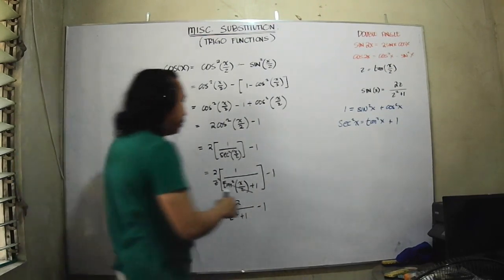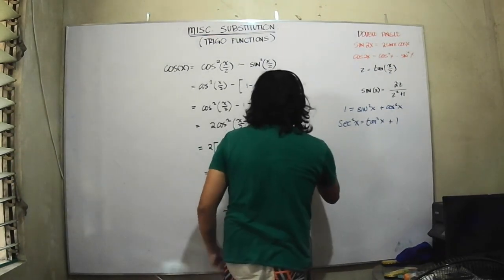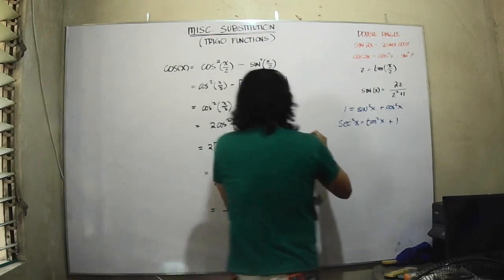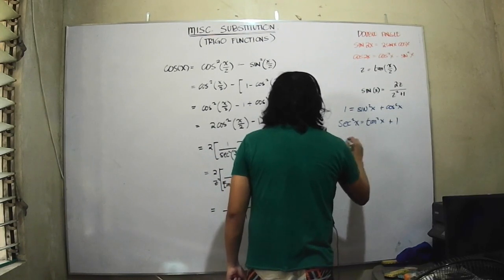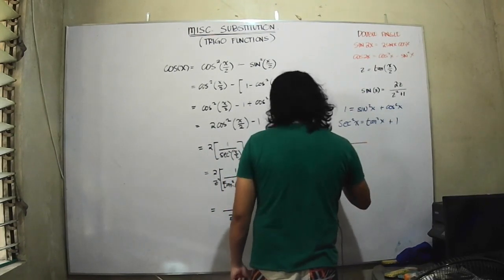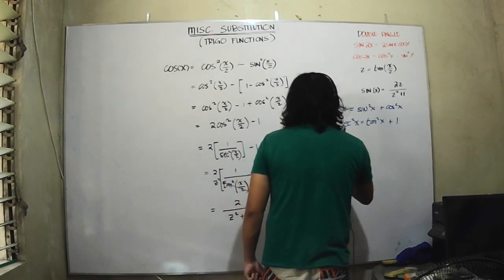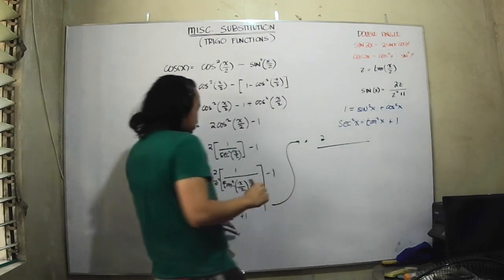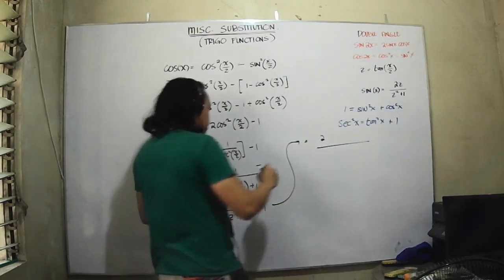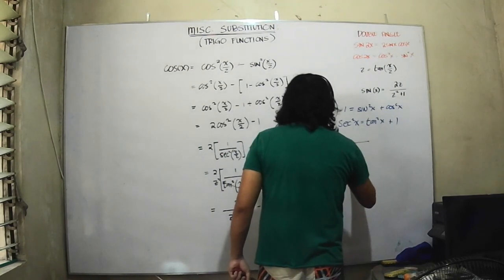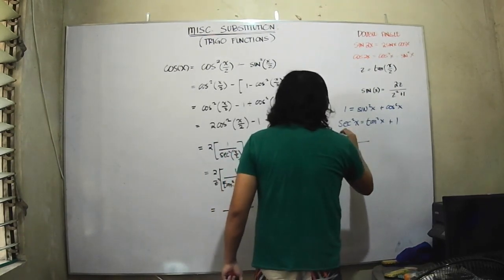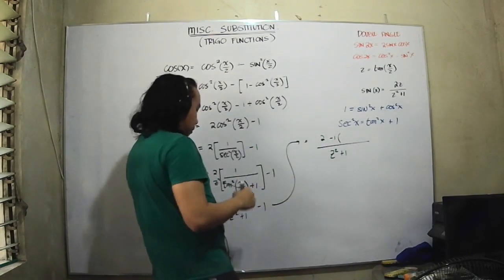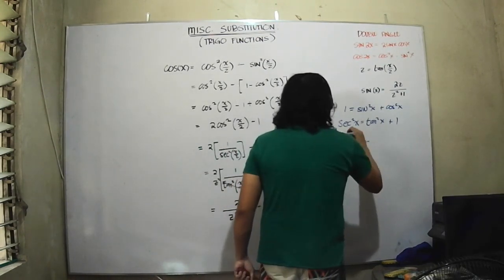Now I continue on. So this becomes 2 over z squared plus 1, minus 1, which is minus 1 times the denominator, z squared plus 1.